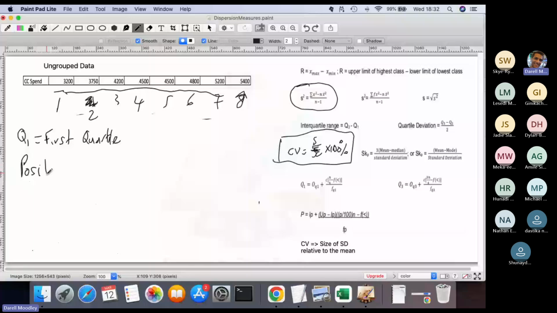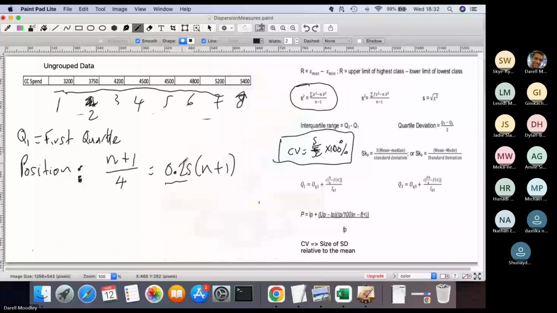Now to find the position, you need to use this formula here. It's n plus 1 all over 4. That's for the first quartile. Or you could remember it like this. It's the same thing as saying 0.25 or 25%, 0.25 times n plus 1. That's to find the position. This is the same thing as dividing by 4.